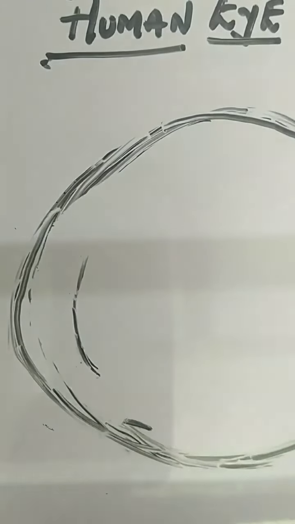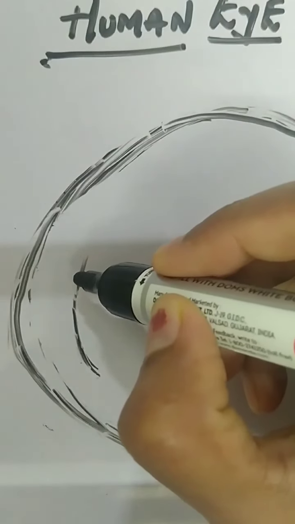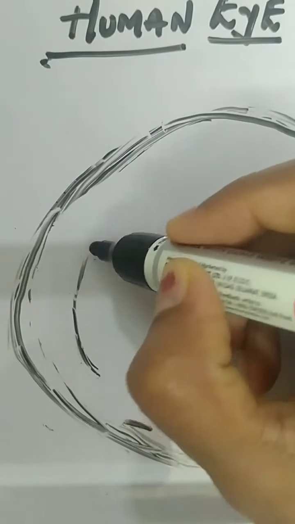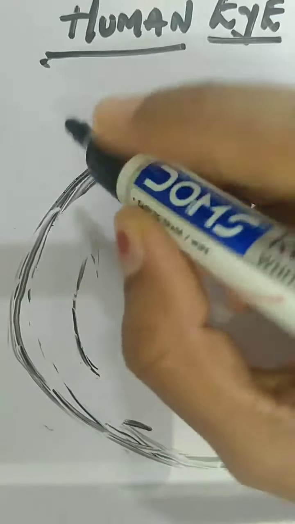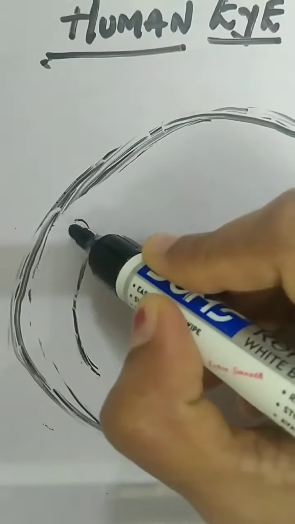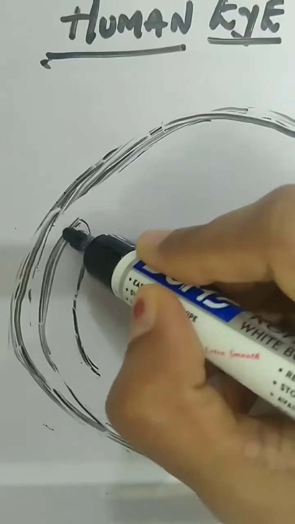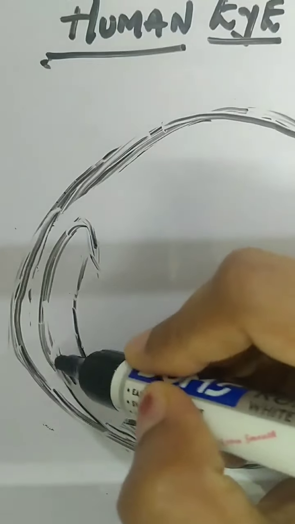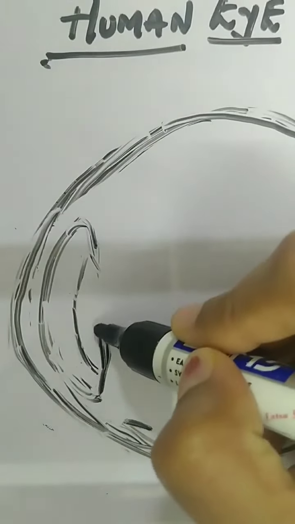This is the pupil, and just in front of the pupil, we will draw the iris. So iris also, just like a cashew nut shape you will give this way. And let it go up.